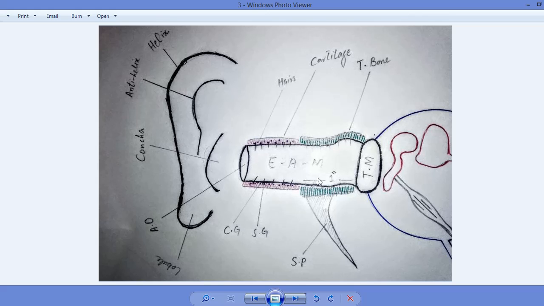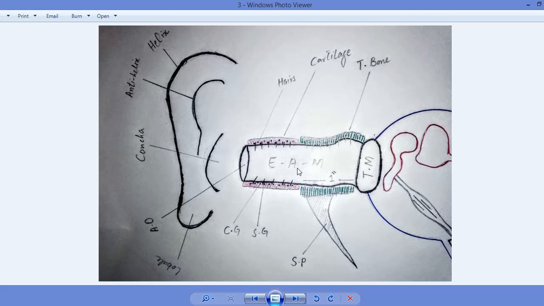The inferior surface also has some hair, but it is very negligible in number. The superior surface has a large number of fine hairs, while the cartilaginous part has a large number of stiff, strong hairs, to prevent any dust particle from going through.